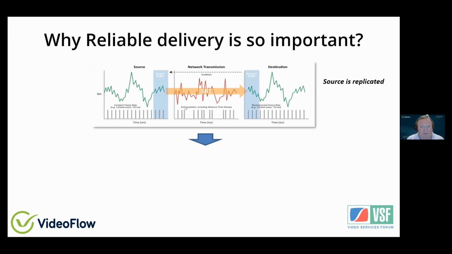We cannot replicate source behavior to the destination because sometimes the source is the studio. It has a studio backbone, other users, and you get jitter. You don't want to convey that jitter to the other end.